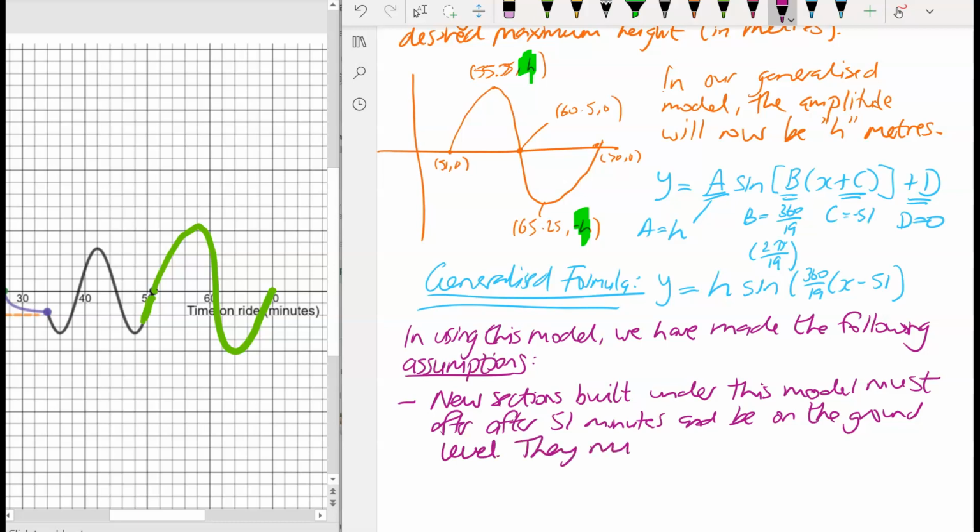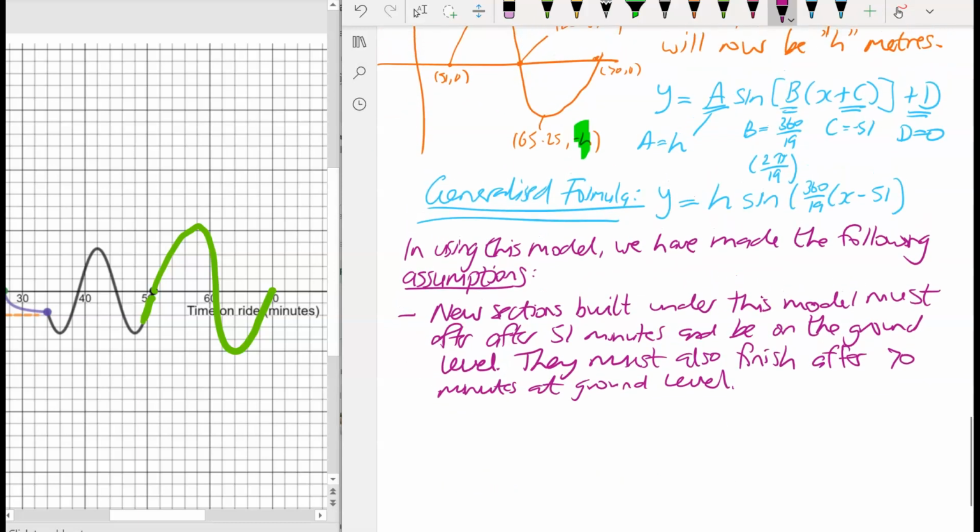They must also finish after 70 minutes at ground level.